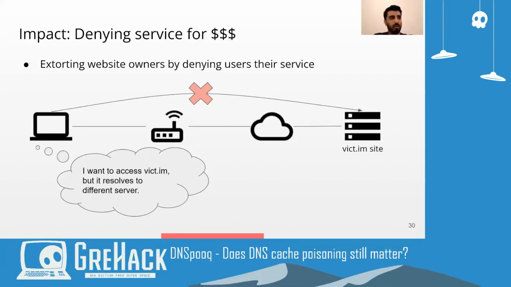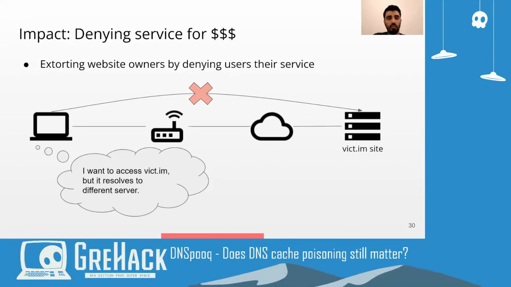Another impact that is relatively straightforward, but if we look at it from another angle, then I think it is interesting. We said that it is possible using a DNS cache poisoning attack to deny service from users.